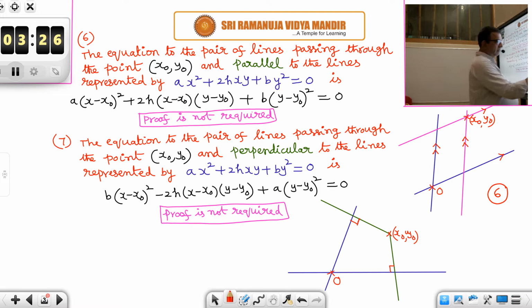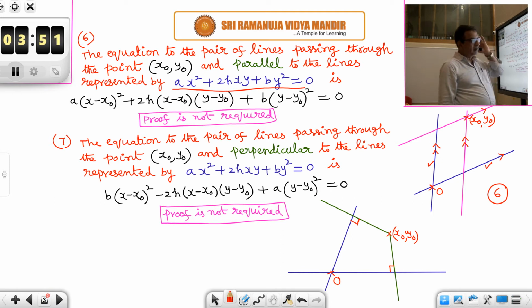Say, this is the origin and this line and this line. The blue lines are passing through the origin. They represent the original equation ax square plus 2hxy plus by square is equal to 0, two lines passing through the origin.